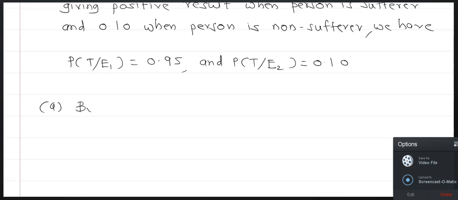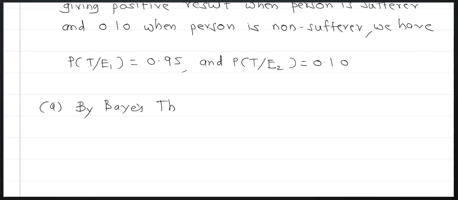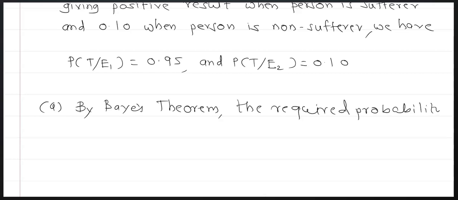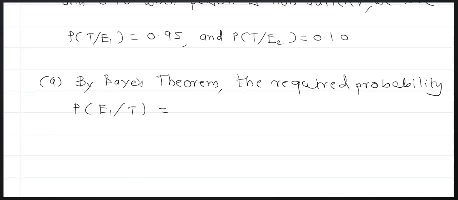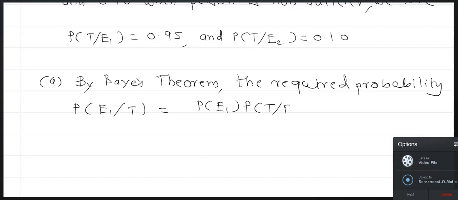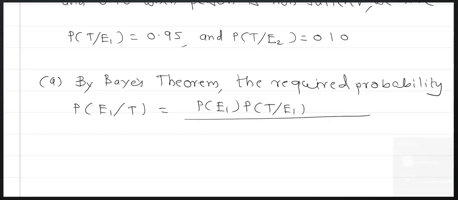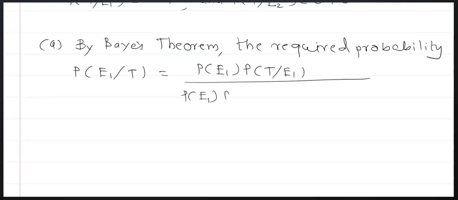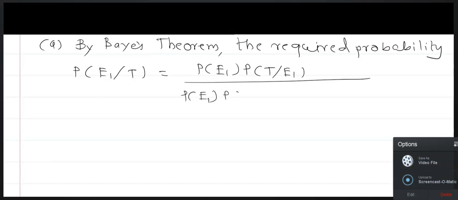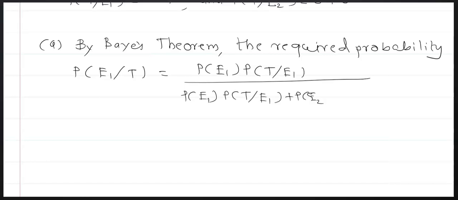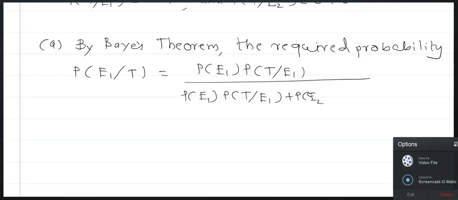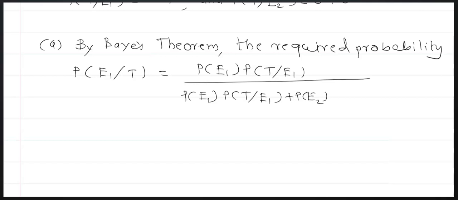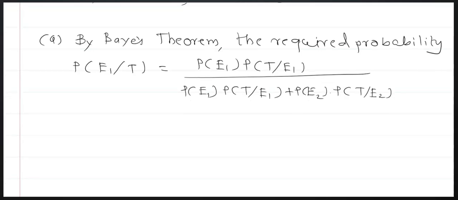Now, by Bayes theorem, the required probability, that is the probability of E1 conditional on T, is equal to the probability of E1 into the probability of T conditional on E1, upon the probability of E1 into the probability of T conditional on E1 plus the probability of E2 into the probability of T conditional on E2.